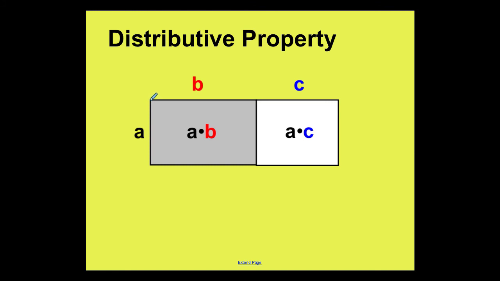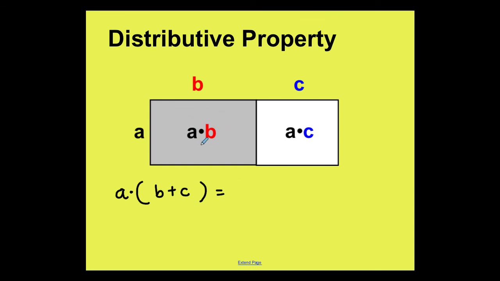So if I were to show the area of this entire rectangle, I would say A times, again, I don't have to put the multiplication dot, but I want to be very clear, I will, the horizontal length, which is B plus C. The area of this entire rectangle is going to be the same number of square units as the area of this rectangle, plus the area of this rectangle.